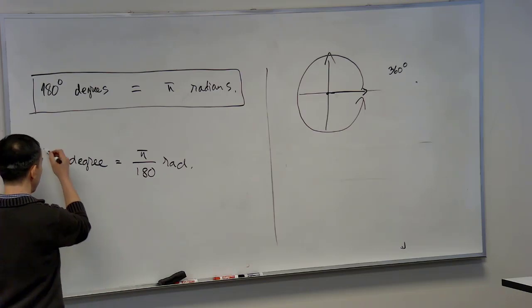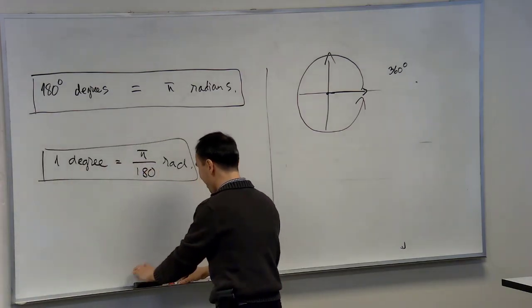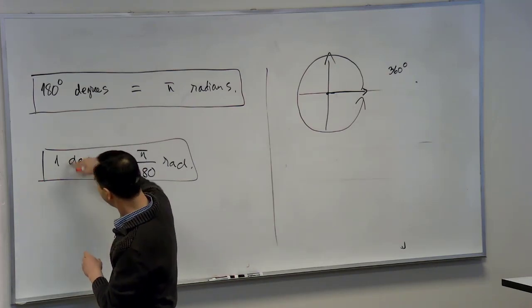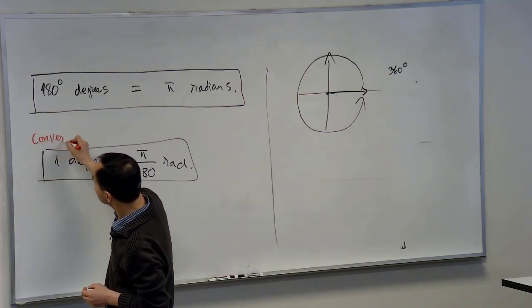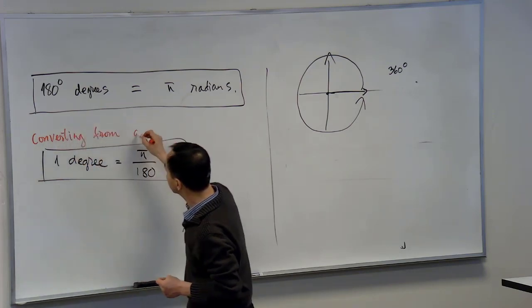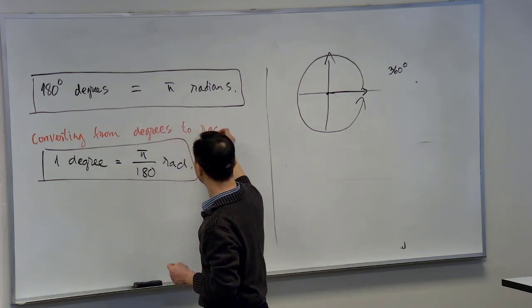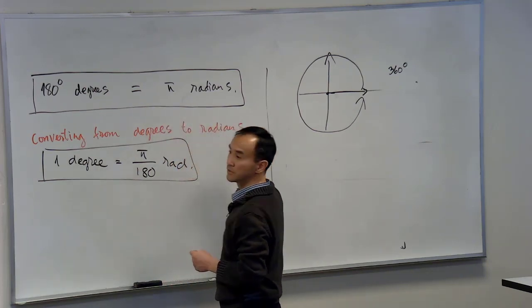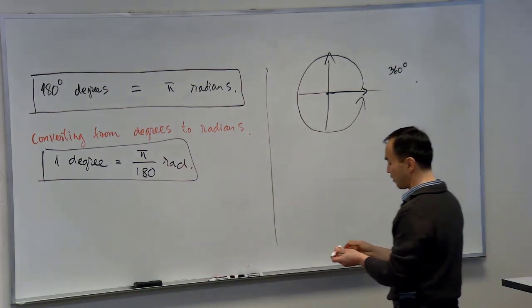So we have this as a conversion unit. This formula now becomes vital for us when we convert from degrees to radians. See what I mean? Got a formula.